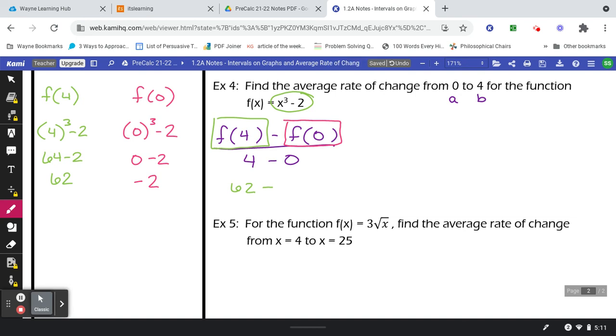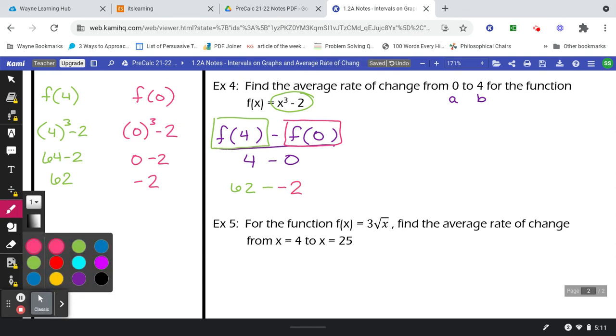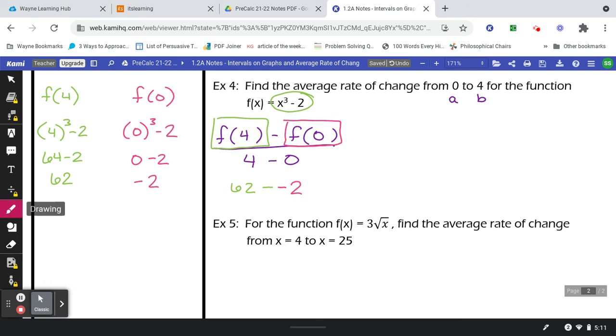Now notice your answer is a negative 2, but you also have the minus sign from the problem, which means you end up with a minus negative, which we all know is going to turn to a positive. Add those together, 64. Subtract those, 4, and divide out to get 16.